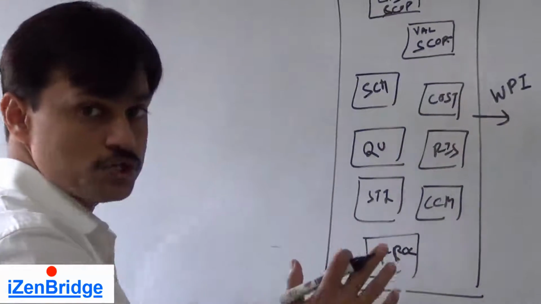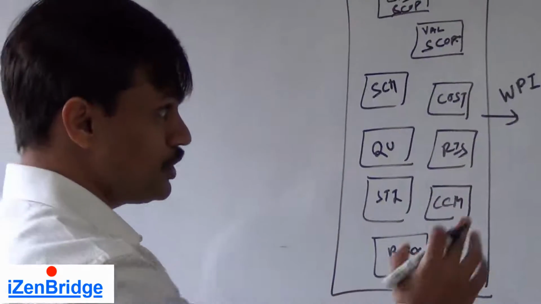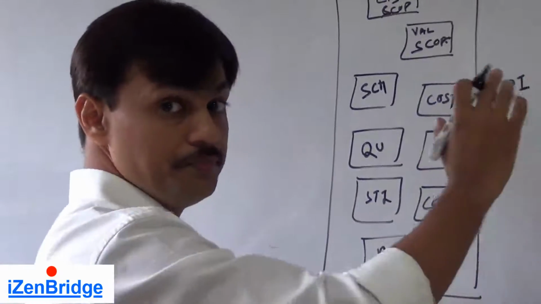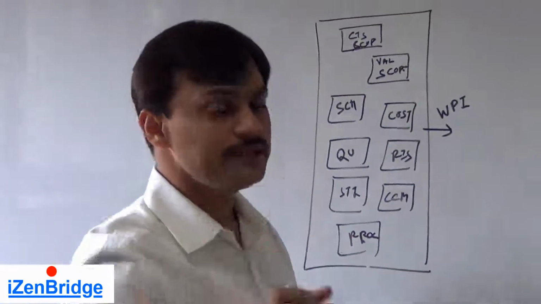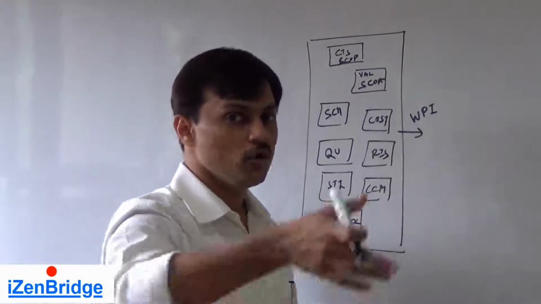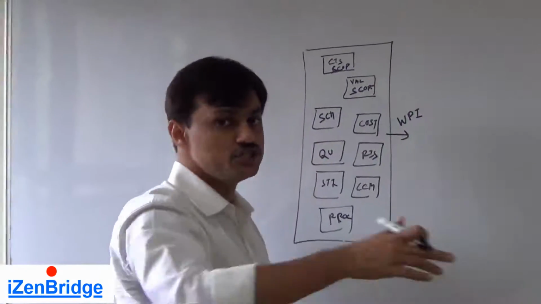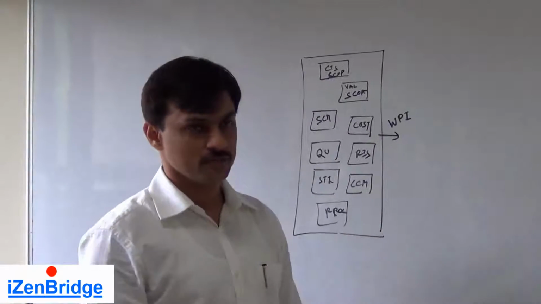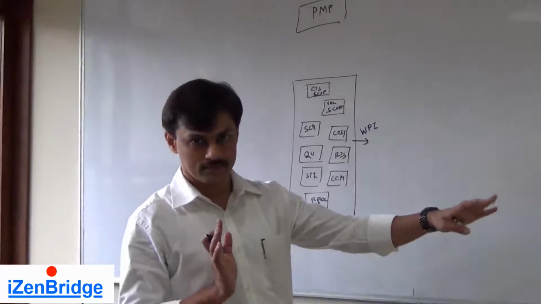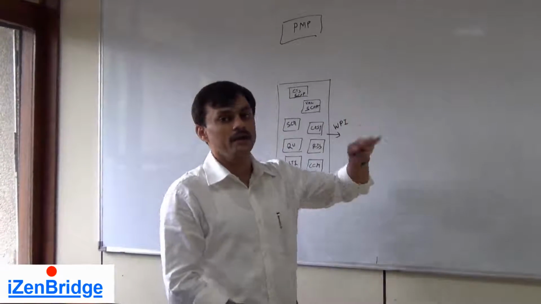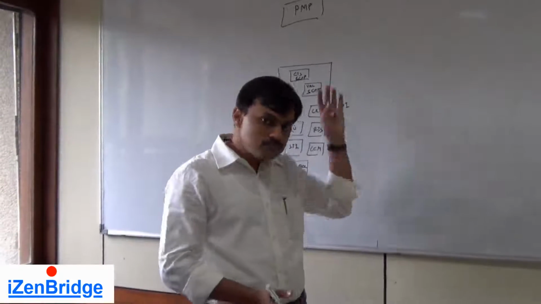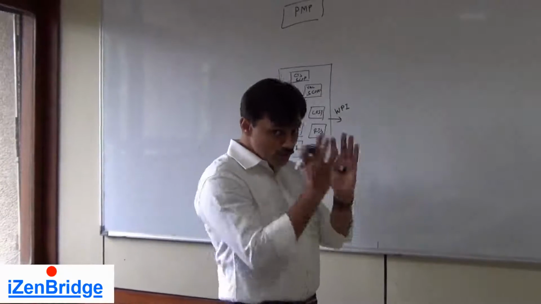So all these control processes are generating work performance information. Means in their respective specialized areas, they are comparing the plan with the actual performance and generating information like the project is delayed by 10 days, or the cost is over by $5,000, cost variance information.